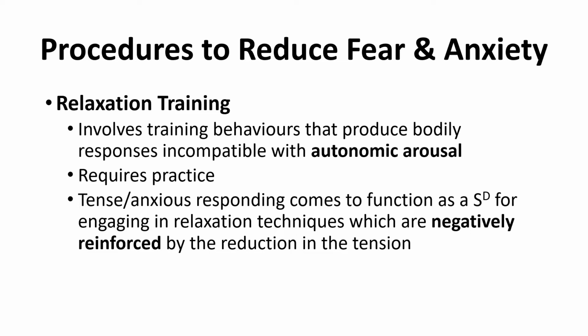So things like increased heart rate, faster breathing, tensed muscles, we're going to be training things that work opposite those behaviors so that we can counteract this autonomic arousal that happens when we're exposed to those stimuli that cause fear and anxiety.